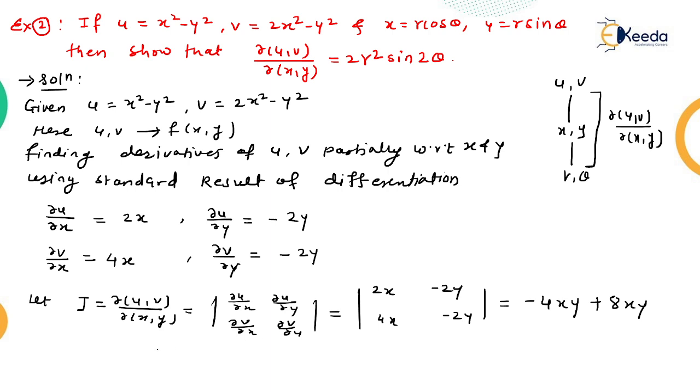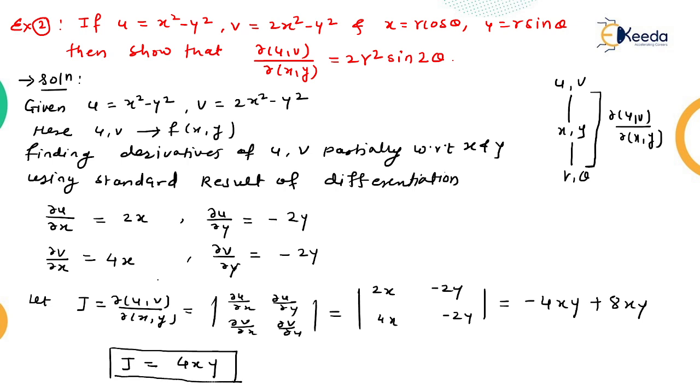So you clearly get the Jacobian equal to 8xy minus 4xy, which becomes 4xy. But in the given question you have to show that ∂(u,v)/∂(x,y) is 2r square sin 2θ. Just put the values of x and y in this Jacobian, and you will get the required result.